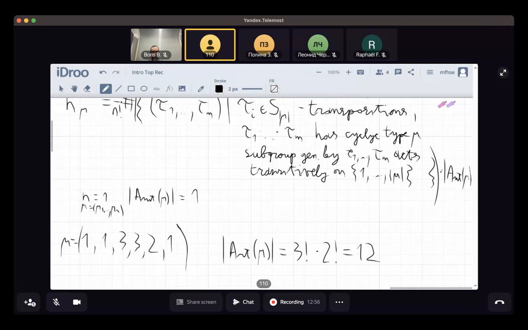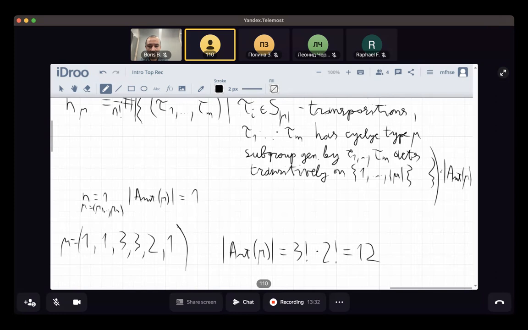The number of automorphisms is the number of such bijections for which the ordered list remains the same after applying them. So for instance, if you interchange 1 and 3, it's not an automorphism. But if you interchange 1 and 1, it's a non-trivial bijection of this ordered list of n elements, but the list remains the same, so it's an automorphism.